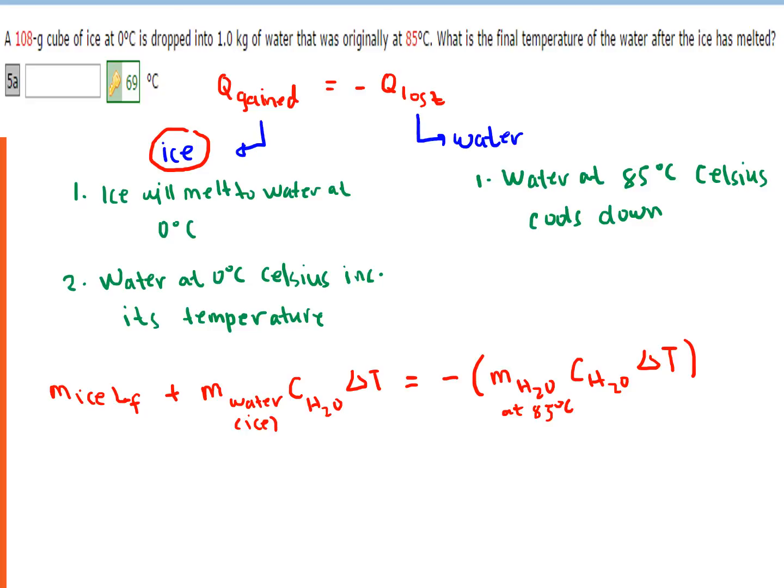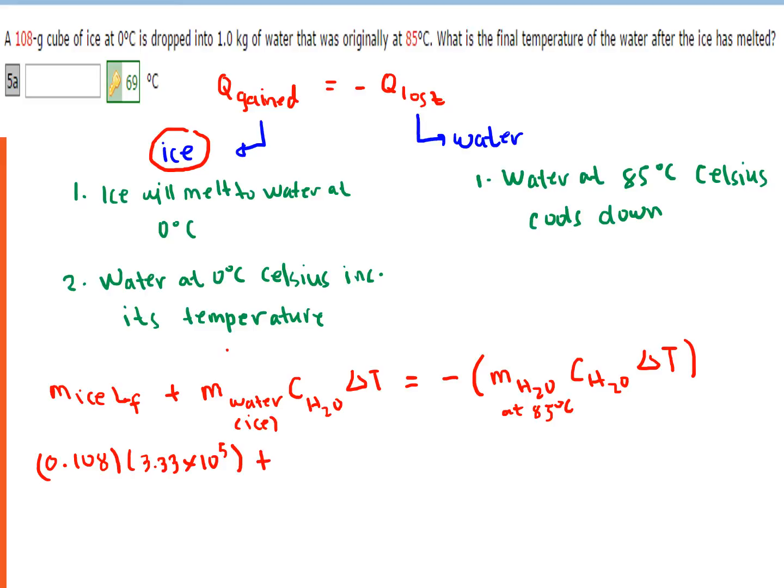We need to convert that into kilograms, so that would be 0.108 kilograms multiplied by the latent heat of fusion of water, which is 3.33 times 10 to the 5. This is a certain constant, and most likely it will be given in a table.